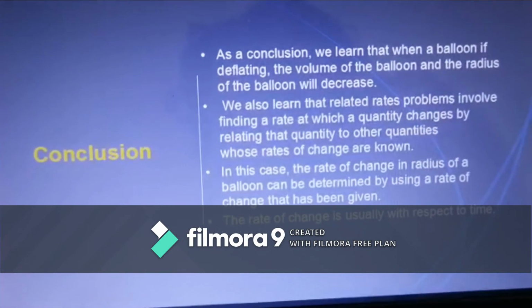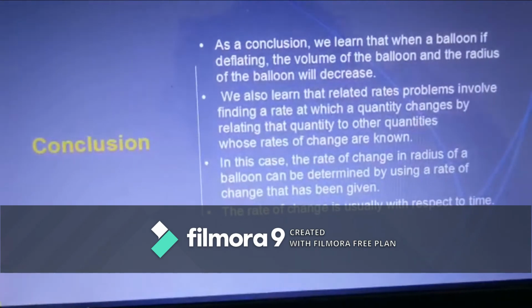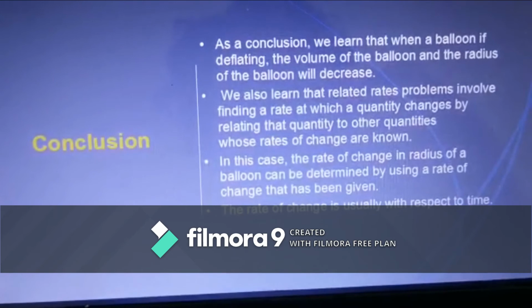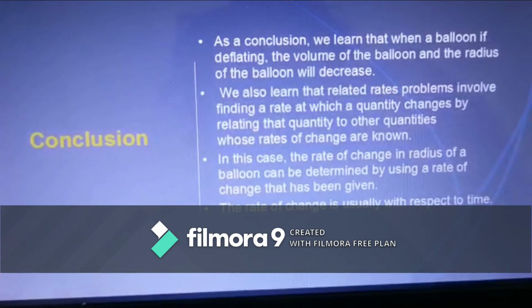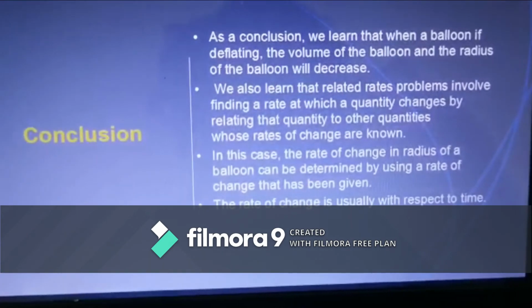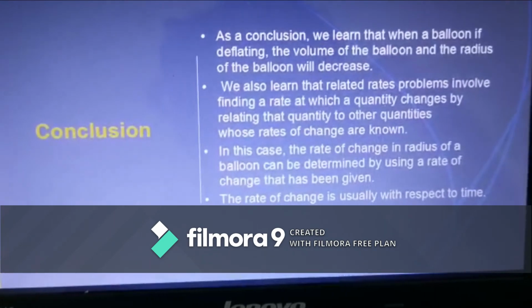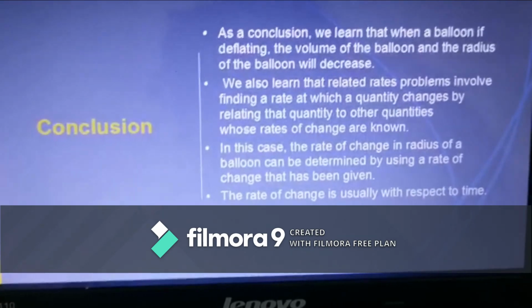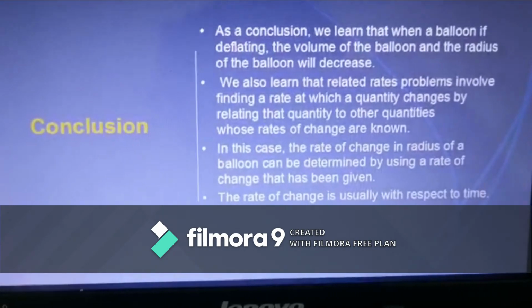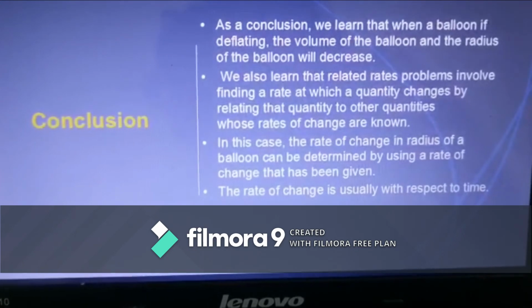We also learned that related rates problems involve finding the rate at which a quantity changes by relating that quantity to another quantity whose rate of change is known. In this case, the rate of change in radius of a balloon can be determined by using a rate of change that has been given, and usually the rate of change is with respect to time.